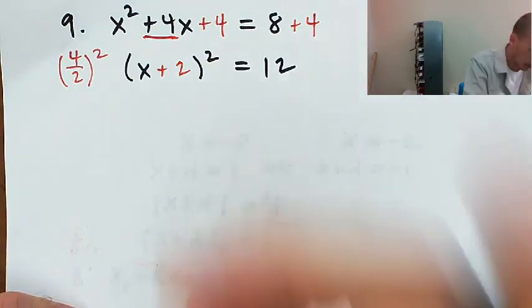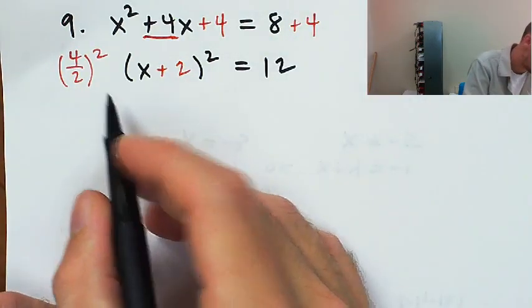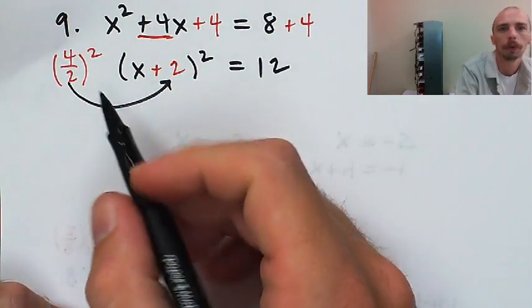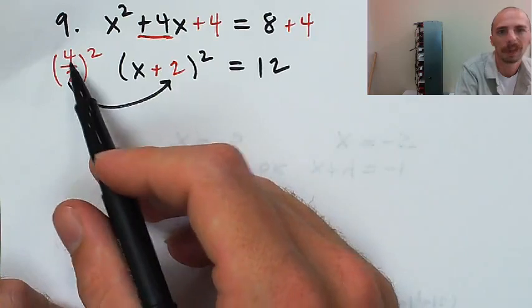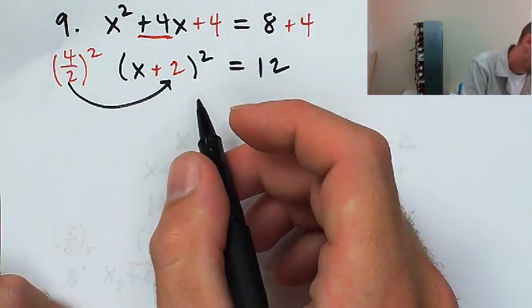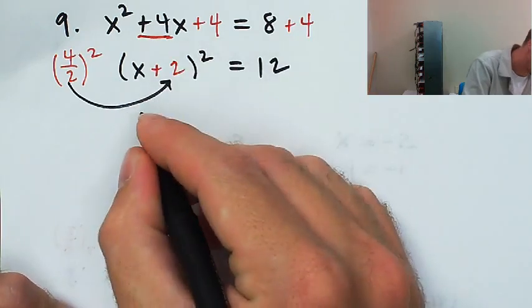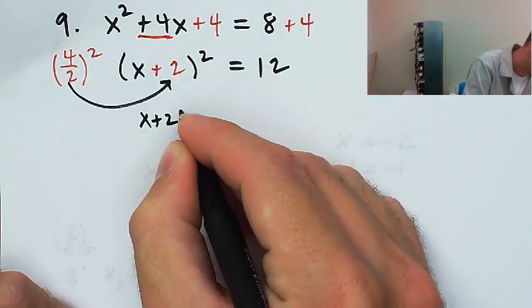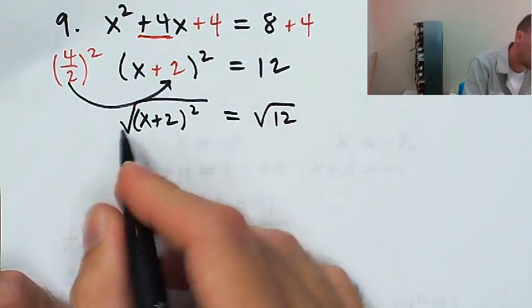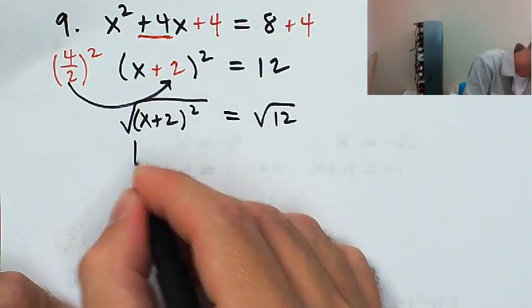Okay. And then, just because you've watched with me this long, I'm going to be a little more explicit about what that number is. It's always that thing. Okay. And then I'm going to say, all right, take the square root of both sides of the equation. X plus 2 squared square rooted is the square root of 12. The square root of x plus 2 squared is the absolute value of x plus 2.